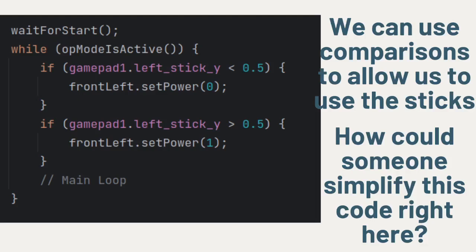And second question, does anyone know what we can do to simplify this code? You're going to need to know a little bit about Java. We didn't cover it in this workshop, but if you've watched the Programming with Mosh video, you might know how we could simplify this code. Does anyone have any ideas? Yes, Lucas? Else, exactly. You got it. You can just take this out right here.